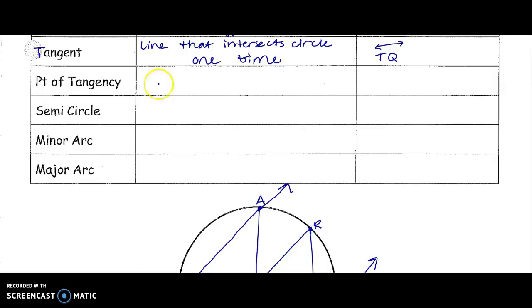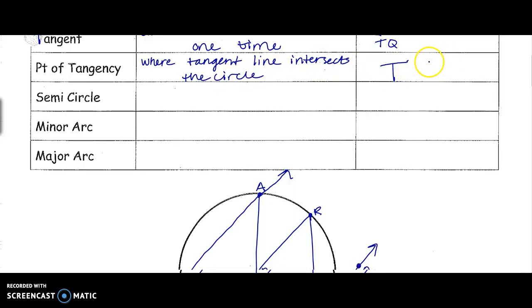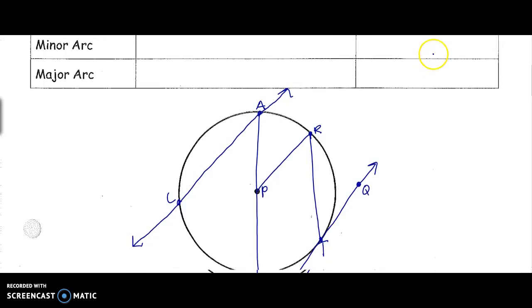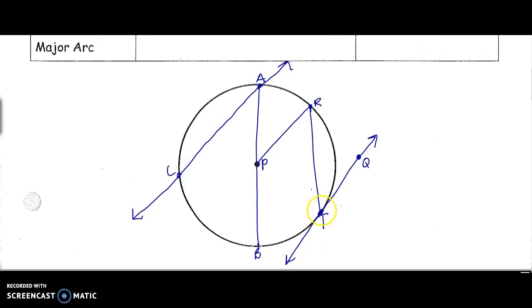The point of tangency is where the tangent line intersects the circle. And that's at point T. Okay, so wherever that tangent line touches the circle, that is called the point of tangency.